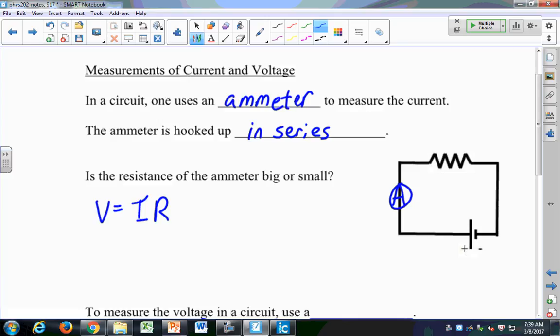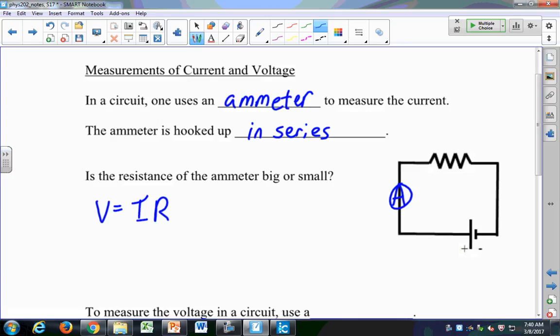So with our ammeter, what about the resistance, whether it be big or small, will make it affect the circuit as little as possible? Do we want our ammeter resistance to be big, or do we want it to be small? We want it to be very, very small. And if the resistance of our ammeter is very, very small, because my resistance is related to my potential in this way, if I have a small resistance, then I'll have a small potential. Now the current is what it is. Whatever current is flowing through this will go through the ammeter and the resistor.